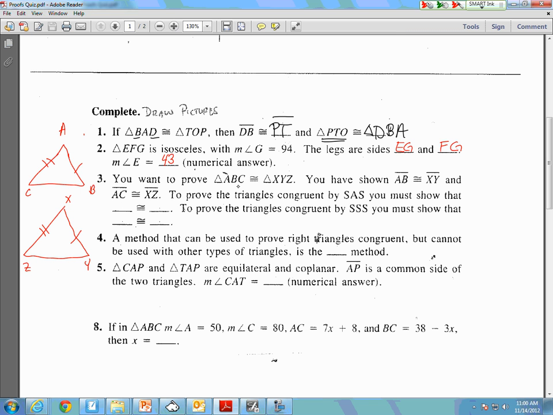Now they want you to prove the triangles congruent by side angle side. So you must also know what? Well, in order to prove congruent by side angle side, I've got a side, and I've got a side. Side angle side says you need to sandwich an angle in between them. So it's got to be that angle there. Same thing down here. A side and a side, but side angle side says sandwich an angle in between. So angle A has to be congruent to angle X.